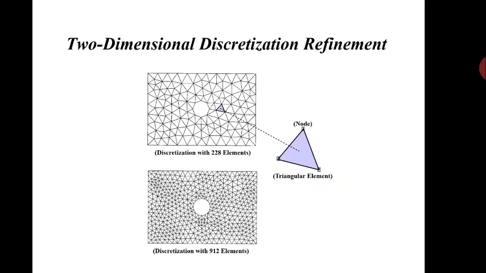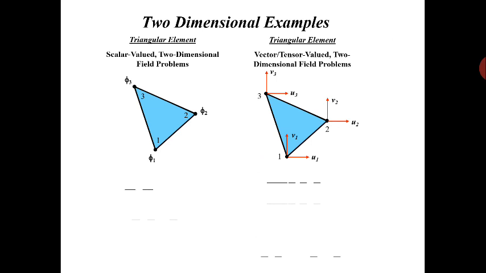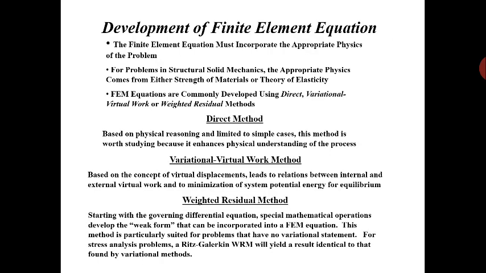So now one dimensional examples, so we can see bar element or beam element. For those elements also we can use the one dimensional equations, and this is the two dimensional equation, that is the triangular element, that is scalar valued two dimensional field problem, and vector or tensor valued two dimensional field problem, that is we can have the constant strain triangular element also, two dimensional elements.